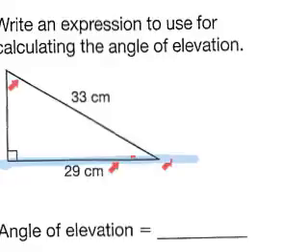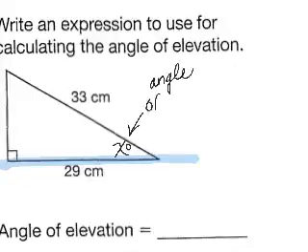It has to be in relation to the ground, so it's got to be this one, the one that we don't know anything about. So we're missing that angle of elevation, and we're going to write a mathematical expression to help us solve for that.